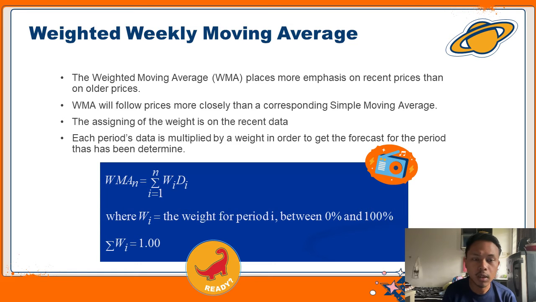The assigning of each weight is on the recent data, and the sum of all of the weights must be equal to 1, and each period's data will be multiplied by a weight in order to get the forecast for the period that we have determined.